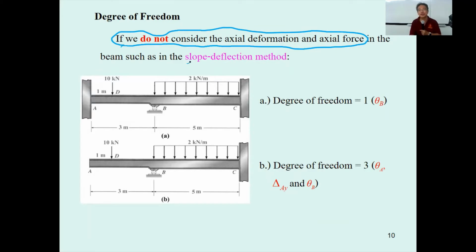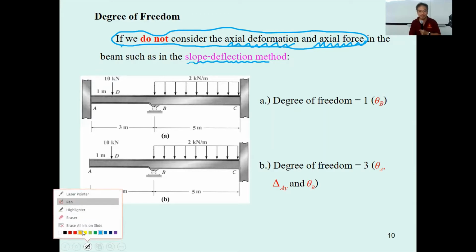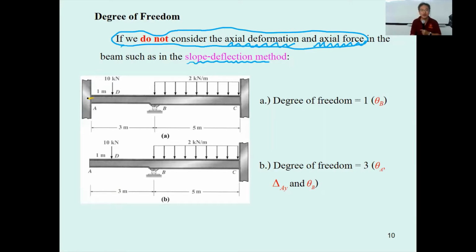Let me take this one first because we will study the slope deflection equation. For the slope deflection equation, there is no axial force and there is no axial deformation. Again, if you go back to the problem that I just mentioned before, this one is fixed.